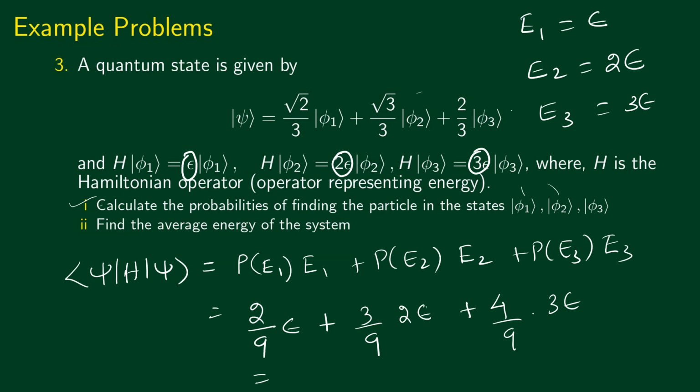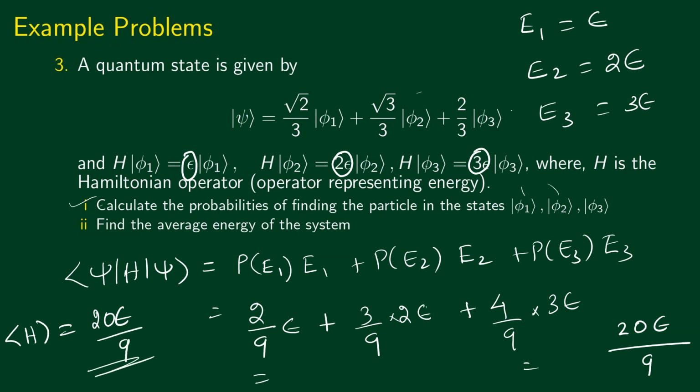This is 2 epsilon plus 6 epsilon plus 12 epsilon. 2 epsilon plus 6 epsilon is 8 epsilon. 8 epsilon plus 12 epsilon is 20 epsilon, right? So the average value or the expectation value of H is 20 epsilon divided by 9.